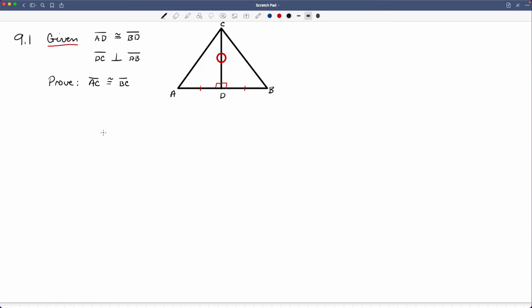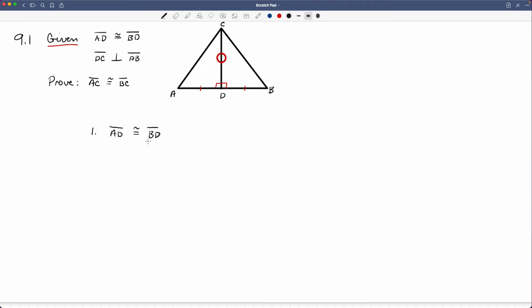The first thing you do whenever you start with the proof, the way that you want to write it, there's some very fussy and particular things that we're going to get into later. Right now we just want to get the basics. We want to just kind of get it started. So you start with your given. So you would say number one would be that AD is congruent to BD.